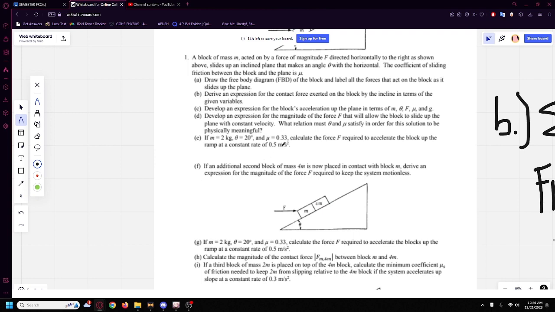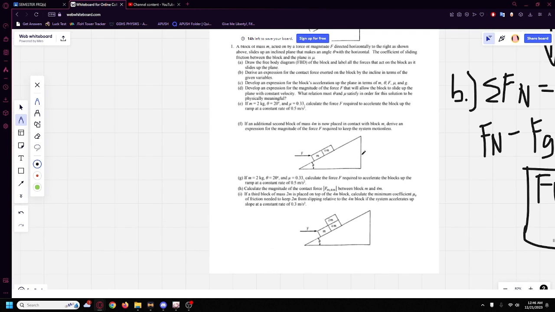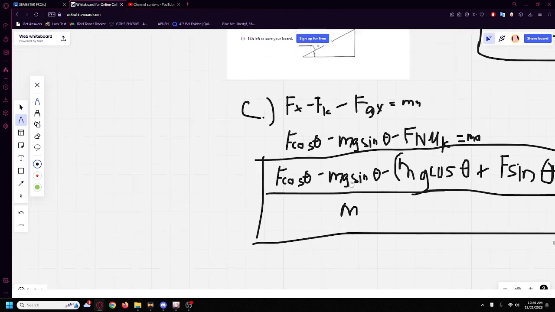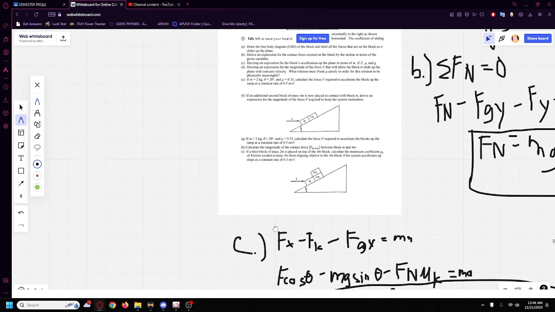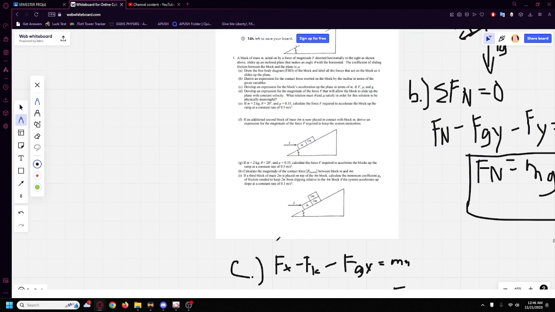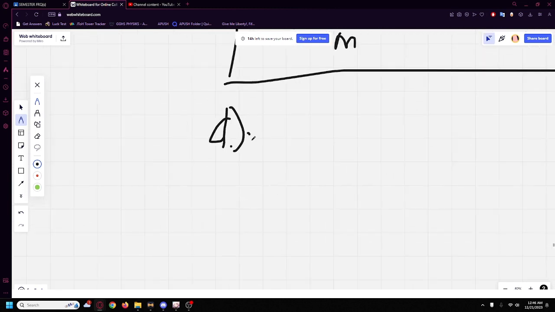Okay, so we need to develop an expression. Part D is asking to make an expression where velocity is constant. So v is constant when a is 0.